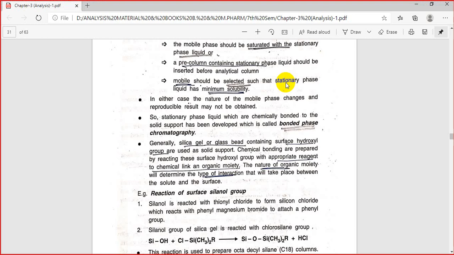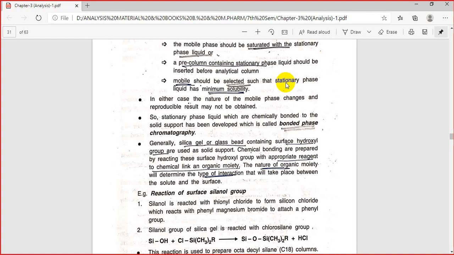Now, as I already discussed, silica gel has free silanol groups, surface hydroxyl groups, which we are using as the solid support in our stationary phase. This free silanol group has a free bond, or free site, for bonding with our solute or sample.